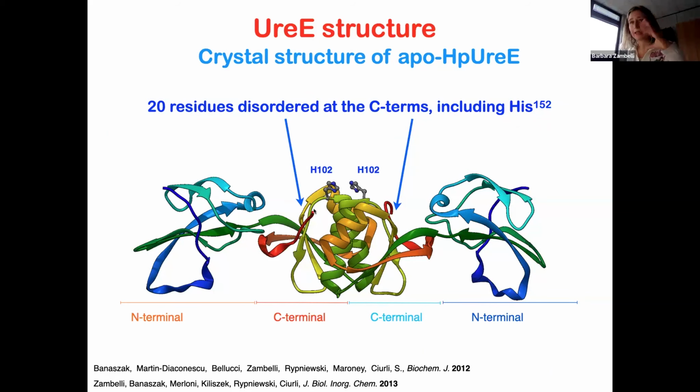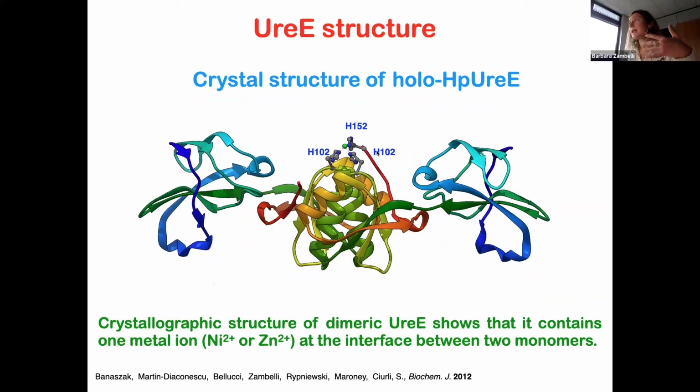These tails are not visible in the crystal structure because they are disordered. But when nickel binds to the protein, we can see that the histidines present in the C-terminal tail close into the nickel binding site. So nickel is bound by these two very conserved histidines at the interface between the two monomers, and two histidines in the C-terminal tails.